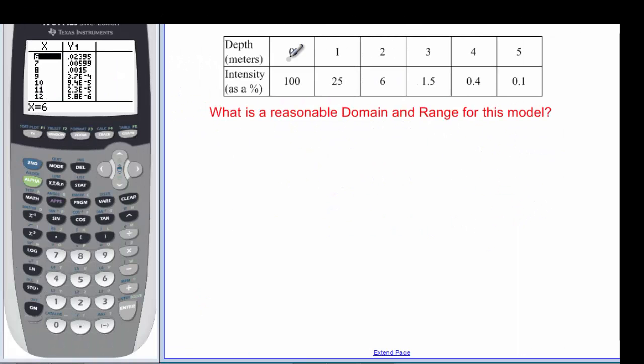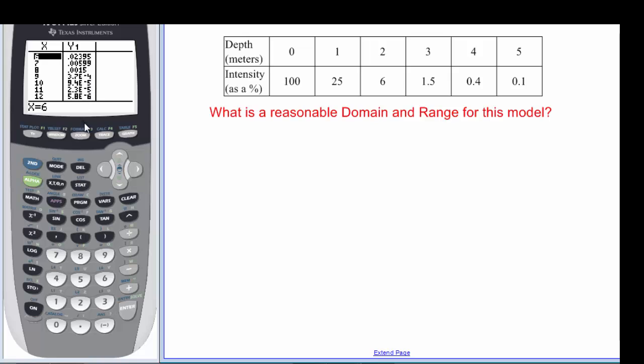Reasonable domain and range. I would say that our table looks pretty close to being a pretty good domain and range. We know it's going to be a little bit more than 5. If we look at our table here, if we really wanted to say 0, 0.0015 rounds pretty close to 0. If we go to 9, it's 0.7 times 10 to the negative 4, so now we know it's getting closer and closer and closer.